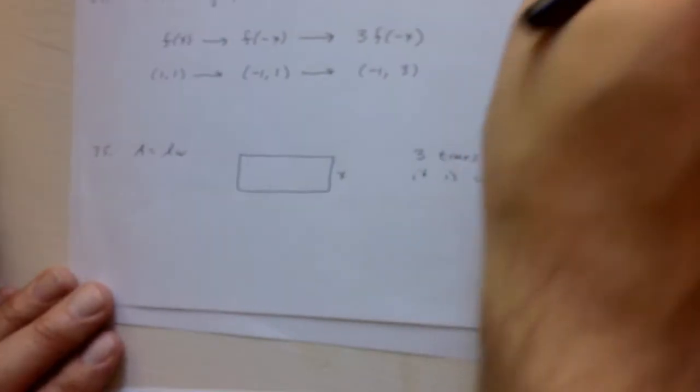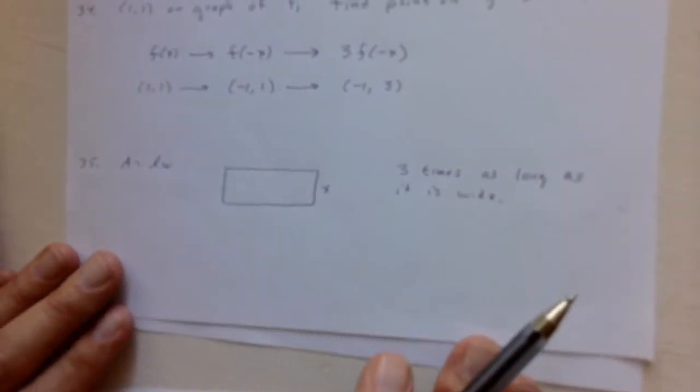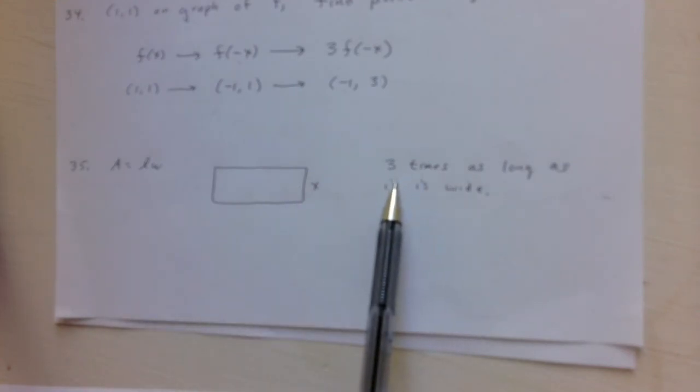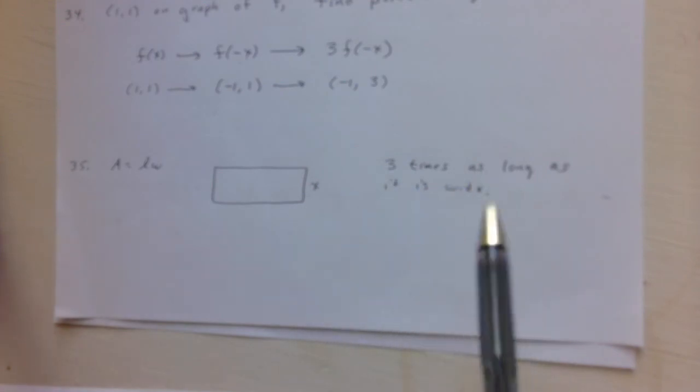All right, 35 was the first of 3 problems from the last section, section 2.6. Here you want to write the area as a function of x, where x is the width. You were given that this rectangle is 3 times as long as it is wide. So what does that say?